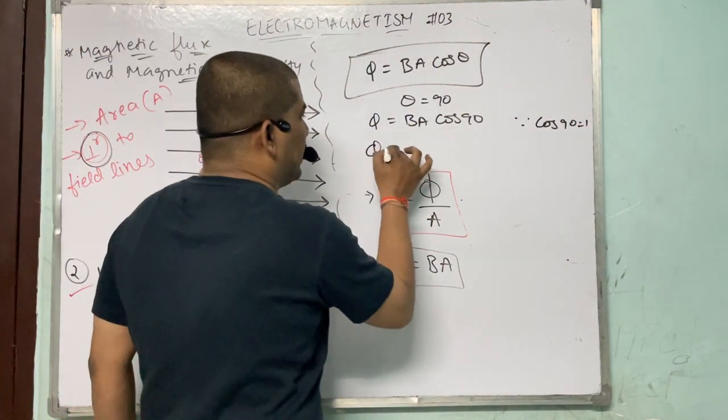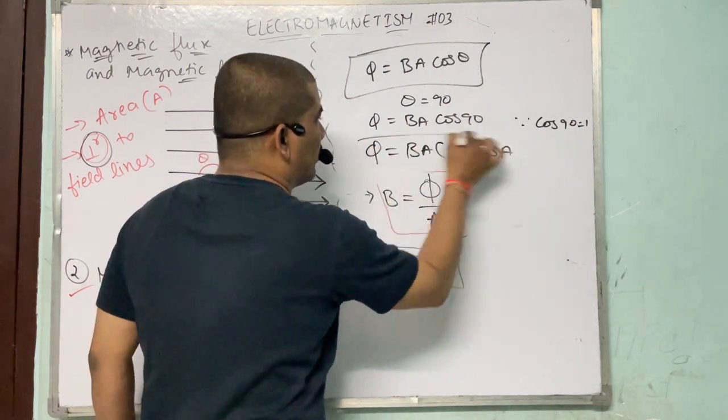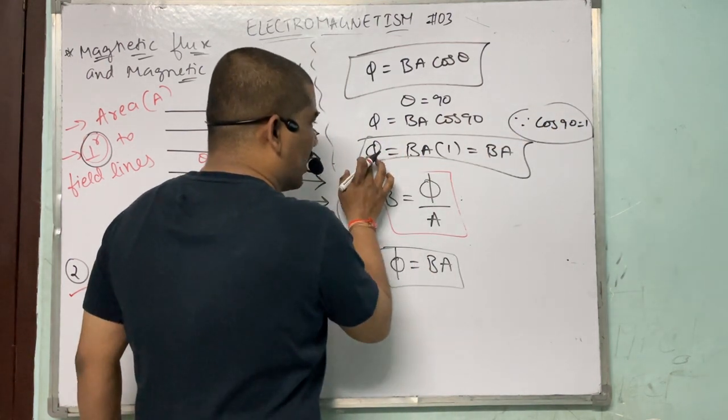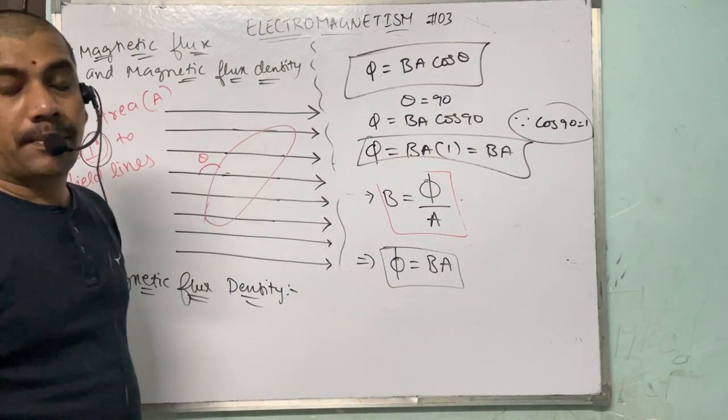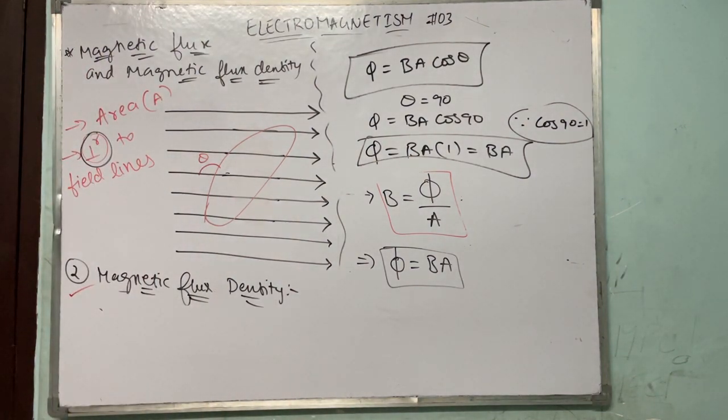So BA into 1, that is BA. So whenever the field is perpendicular, the magnetic flux formula will be BA. But if the field is not perpendicular, it's with some other angle, then the general formula I have to remember is BA cos theta. Is it clear everyone?